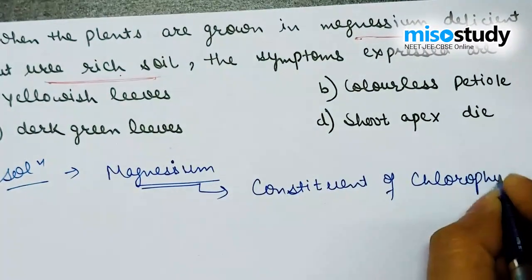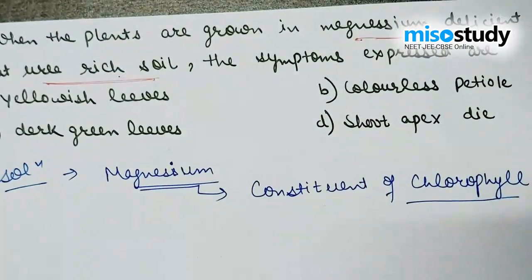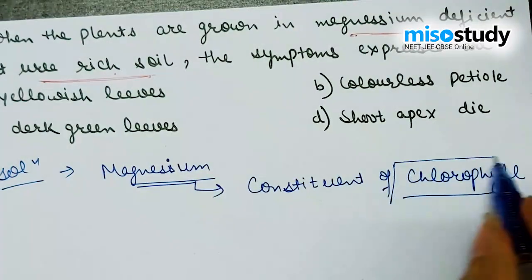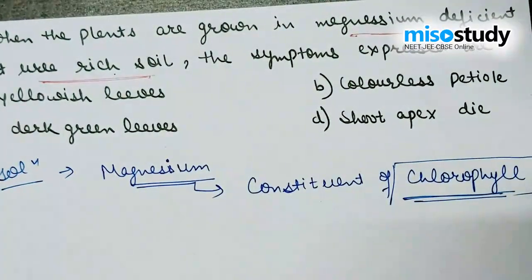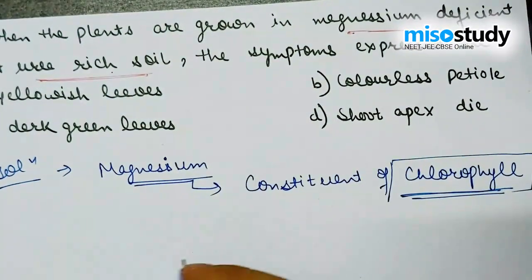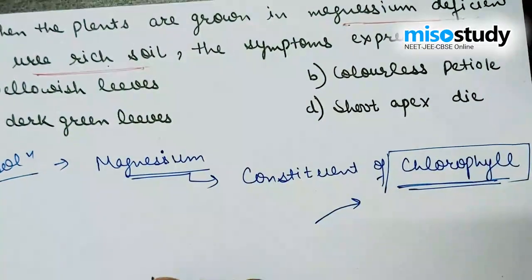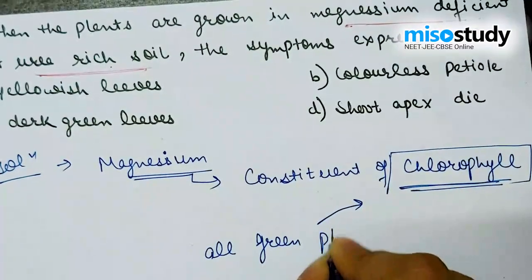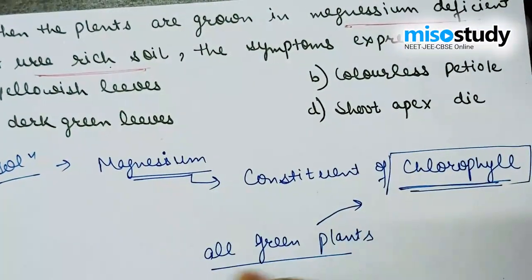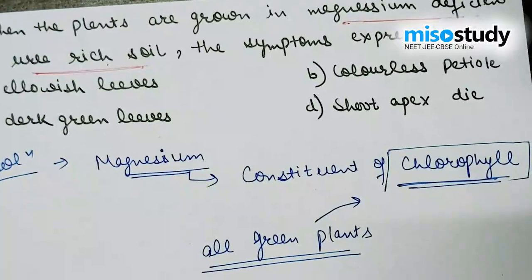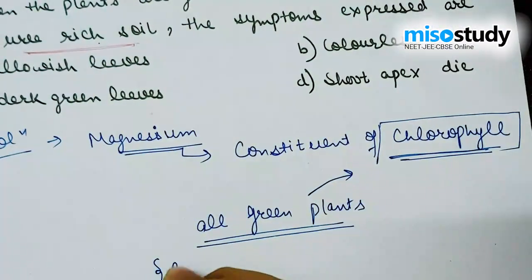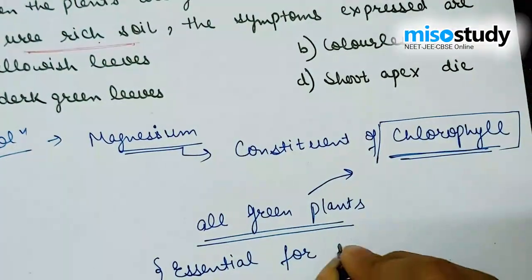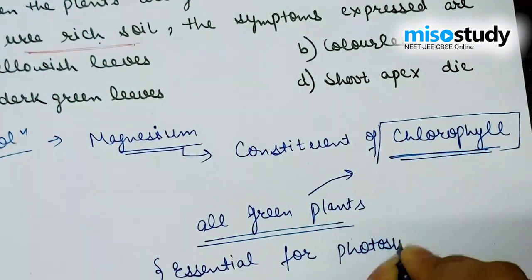Chlorophyll is the pigment with the help of which plants process photosynthesis, and photosynthesis is the important process with the help of which plants form their food. Thus it is found in all green plants. Chlorophyll is essential and always present in all green plants for the process of photosynthesis.